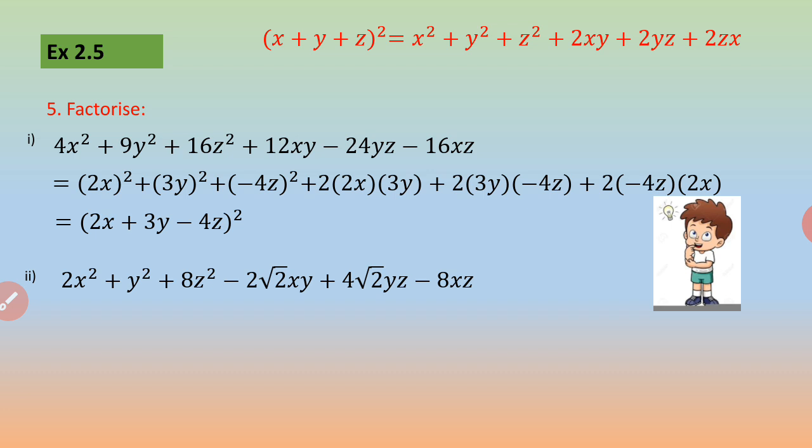And the third term is again a square term. 8 is the square of 2 root 2. 2 root 2: 2 square is 4, root 2 square is 2, 4 2s are 8. I'll be explaining once again. This is how the first three terms are square terms and the next three terms are multiples of 2. So we are able to use this identity, the one which is flashed on the screen.